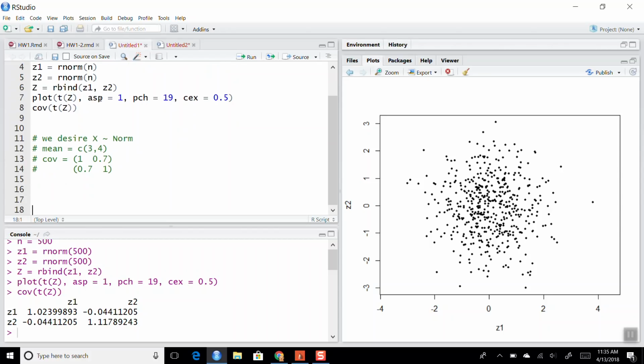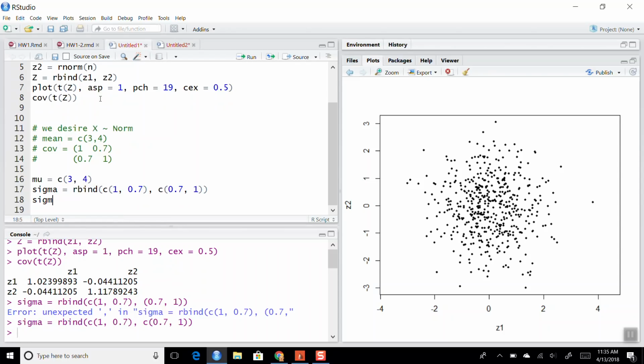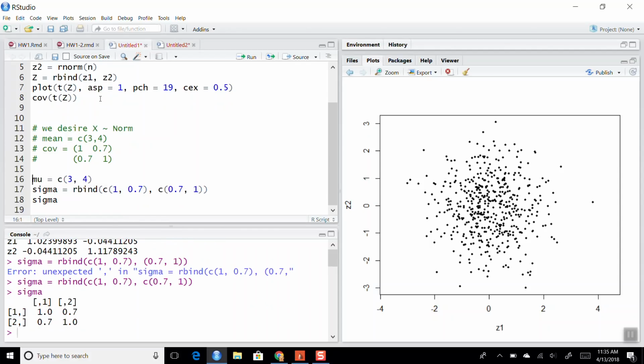So what I'll do here is I'll say mu is equal to 3, 4, and then sigma is equal, and I can just r-bind 1, 0.7, 0.7, 1. Right, whoops, I forgot the C. It's very important. Okay. And indeed, sigma looks like how we want.